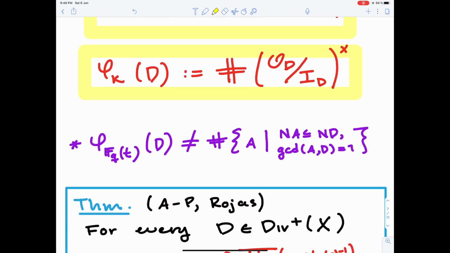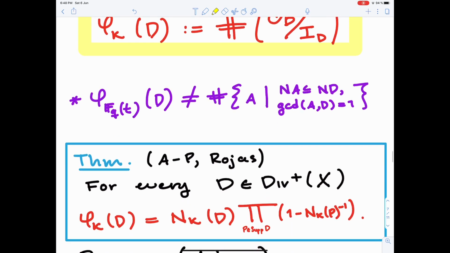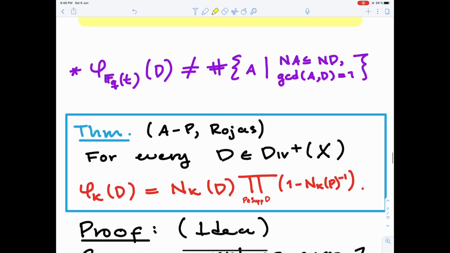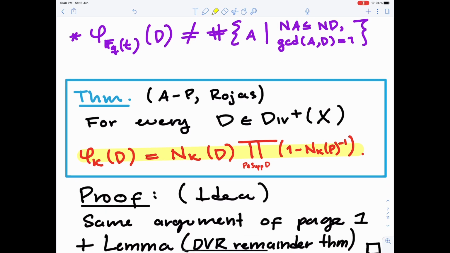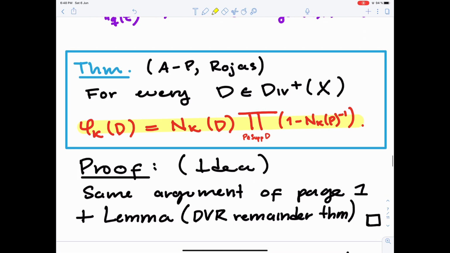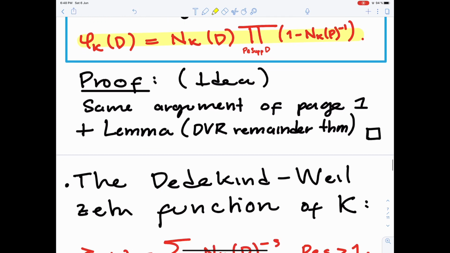And the nice thing about this definition is that the expected properties of the Euler function follow easily. For instance, we recovered the product formula. This follows essentially from the previous lemma. So we have the product formula, and once we have it, everything else follows pretty easily.